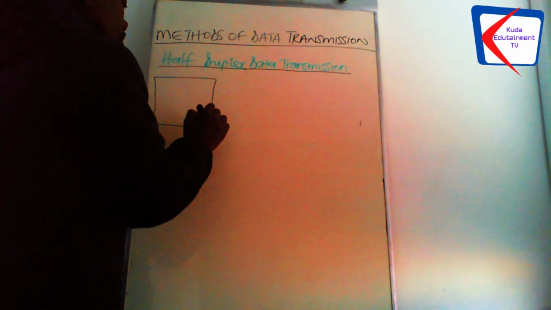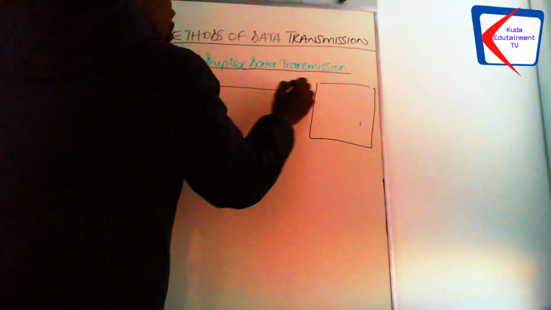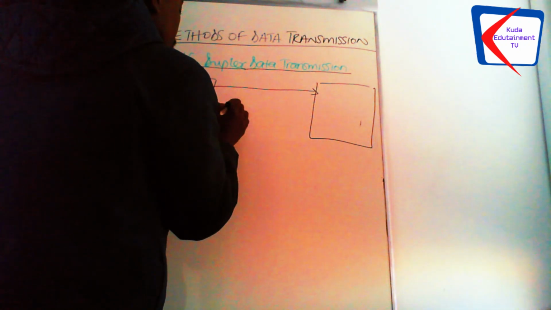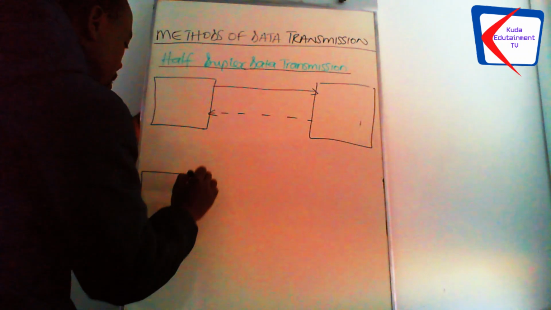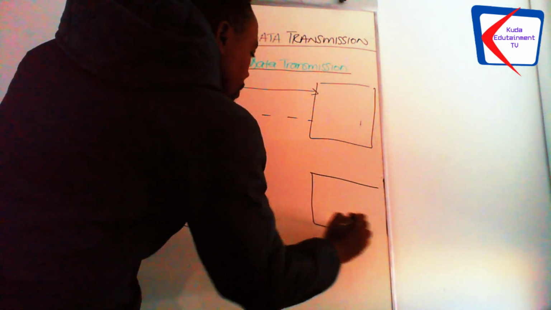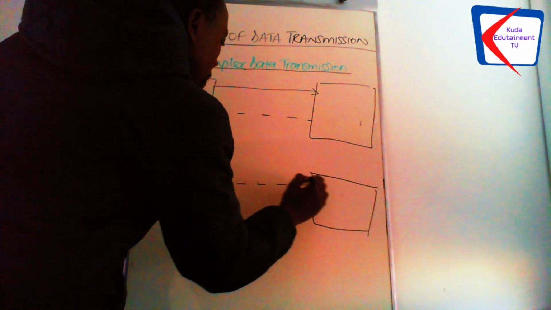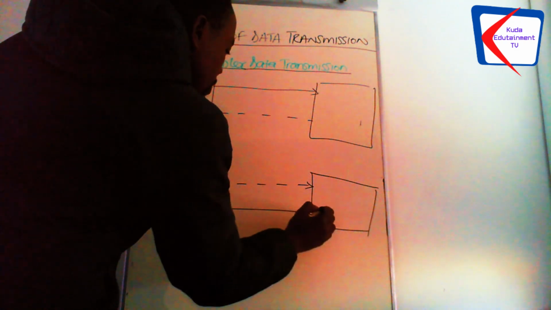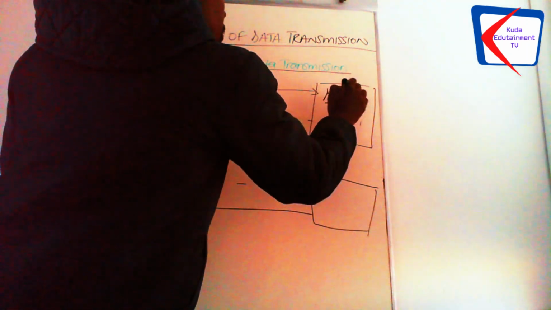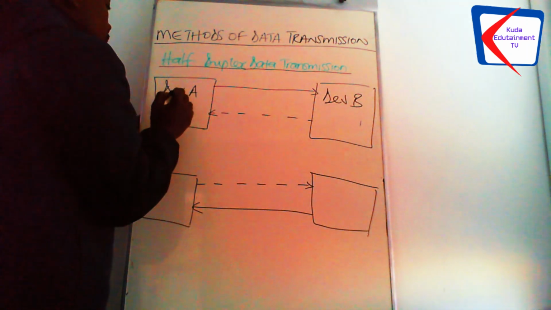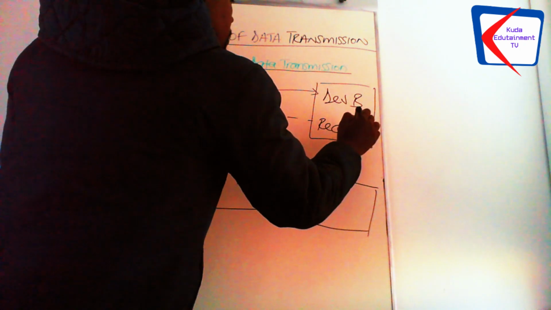We have got these two communicating devices, device A and device B. In this case, device A is the sending device, and this is the receiving device.